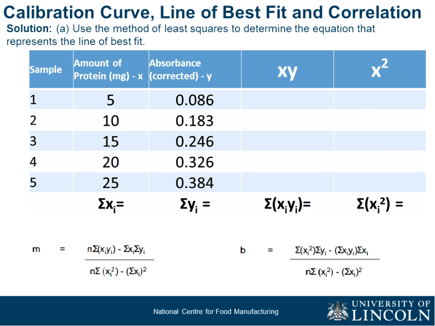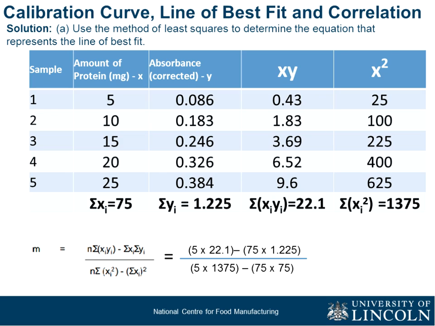So, next. You can see this is what I've done now. XY, I've done all of that. Then X square, the square of this is there. Then, if I want to find my M, this is the formula. M equals N, which is the number of samples, 5.